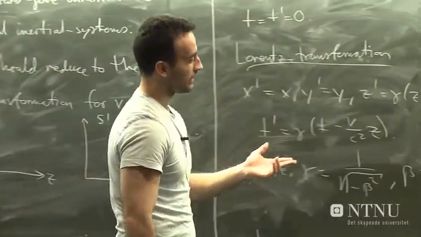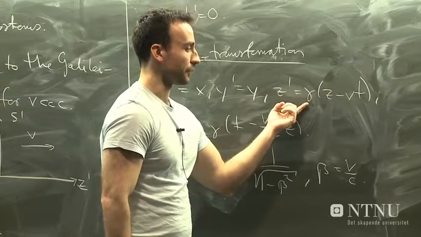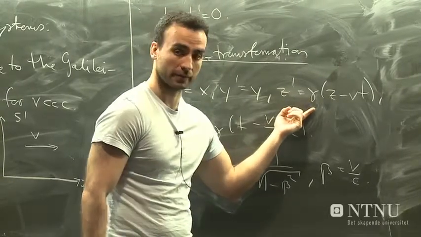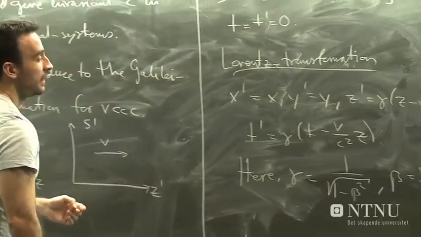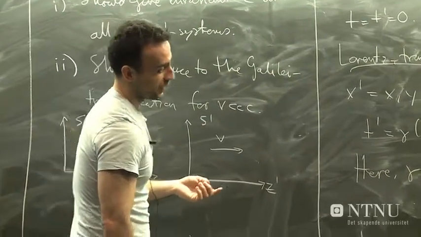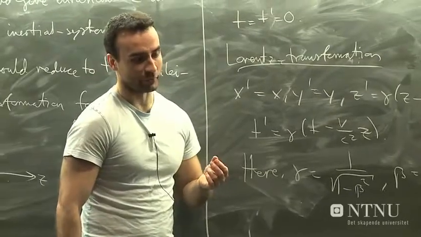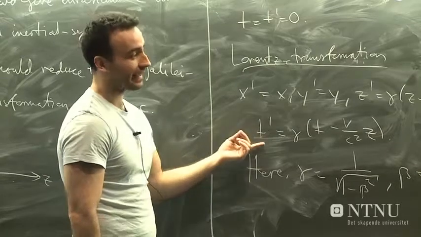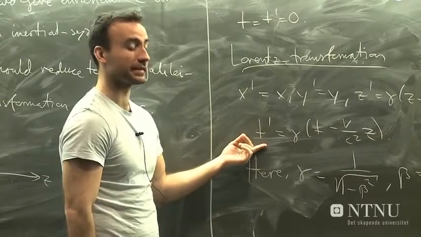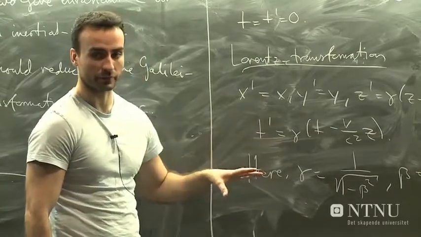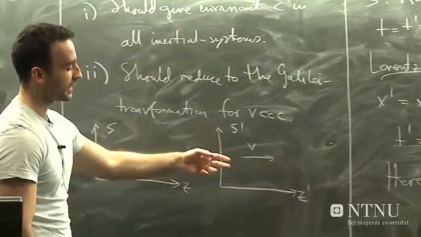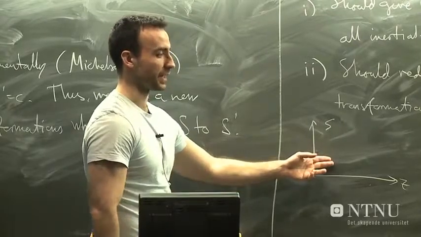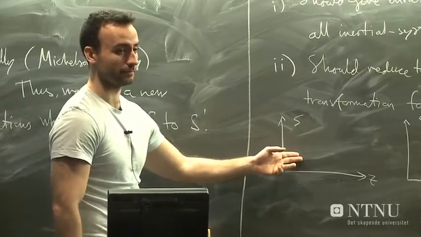The second thing is that the Galilei transformation differs by the introduction of this gamma factor. And thirdly, which is perhaps the most challenging aspect to grasp, at least intuitively, is that time itself is perceived differently in these two coordinate systems. So an observer here experiences time itself as different from time as experienced here.